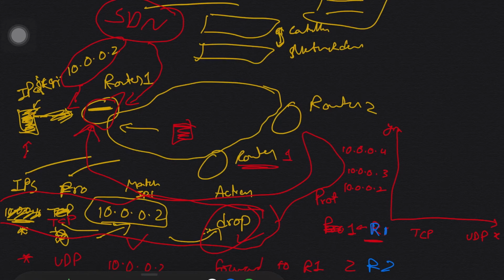Destination 10.0.0.2. Okay, just write this 10.0.0.2. And what is the protocol type? Protocol type is TCP. So just write TCP. Okay, so this is R1.